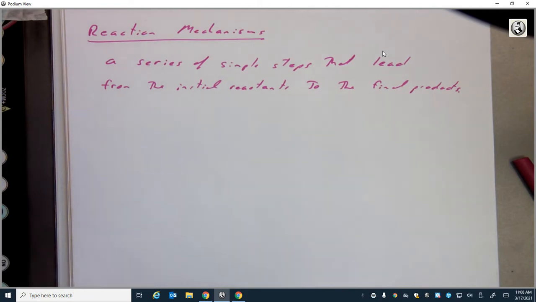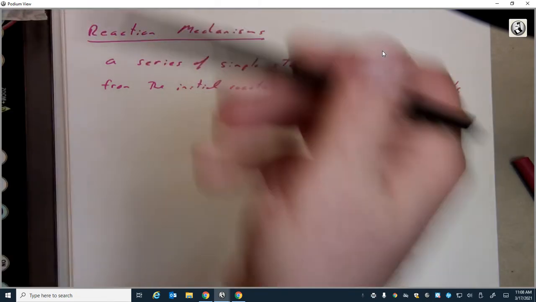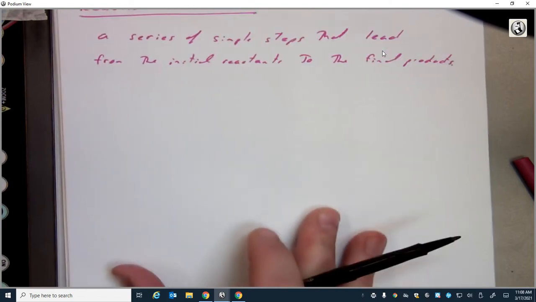So up until this point, we've really treated a chemical reaction as just one step: the reactants come together, they react, and they form products. And in a lot of cases, and I might even say most cases, that's actually not true. What happens is they go through multiple steps to get to the products.